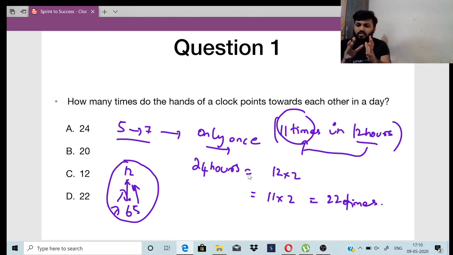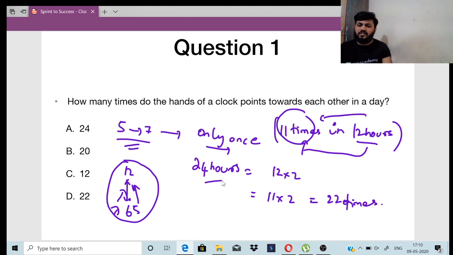I'm telling the reason again why it is only once between 5 and 7 o'clock, because you will ask, sir, in 12 hours, shouldn't they point towards each other 12 times? Between 5 and 7 o'clock they point towards each other only once, so in the 12-hour duration they point towards each other 11 times.